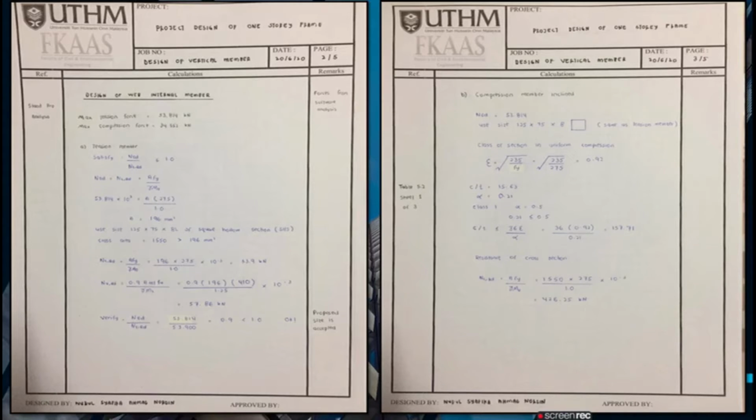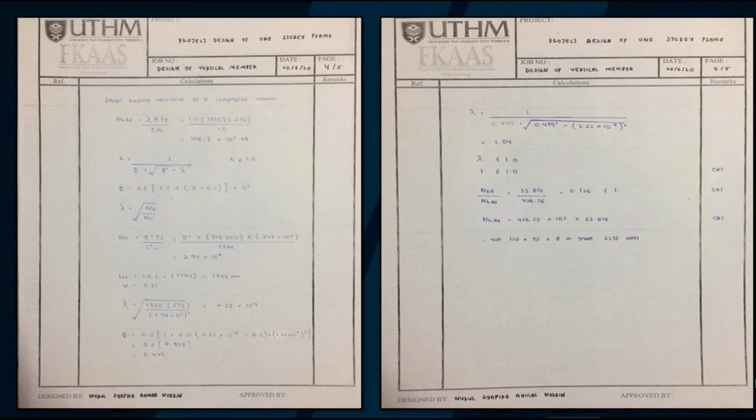157.71. After that, after we find the class of section, we calculate the resistance of cross section by using the formula NcRd is equal to A Fy over gamma M0, and get the answer 426.25 kilonewton. To design the buckling resistance of compression member, I use the formula NbRd is equal to chi A Fy over gamma M1, and I get the value 426.3.